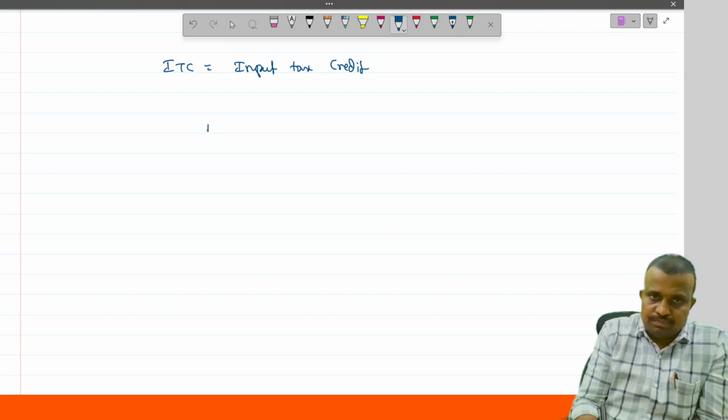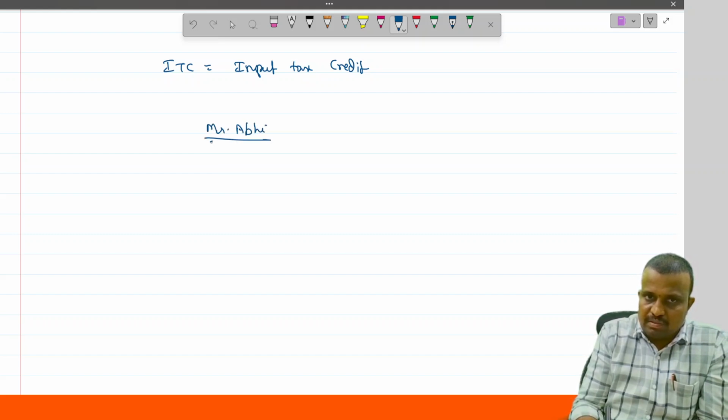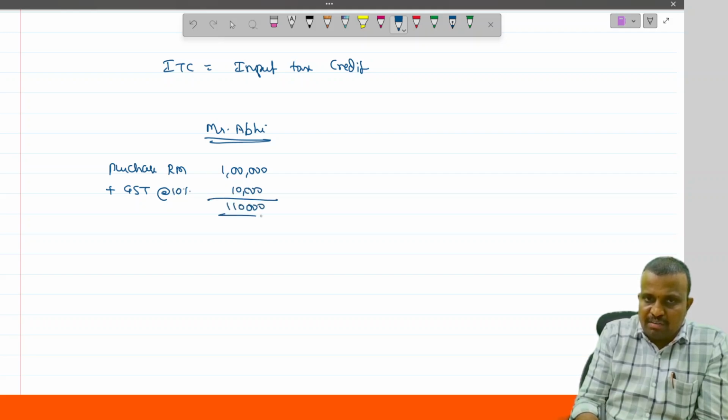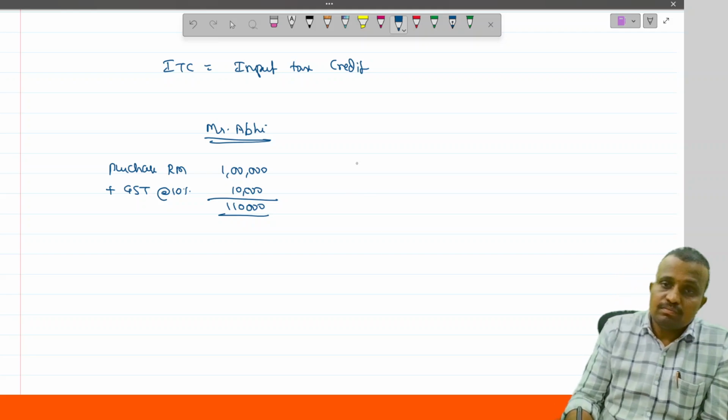So, for example, Mr. Abhi purchased the raw material for 1 lakh and GST paid at the time of purchase, for example, 10%. And the total he paid is 1,10,000.